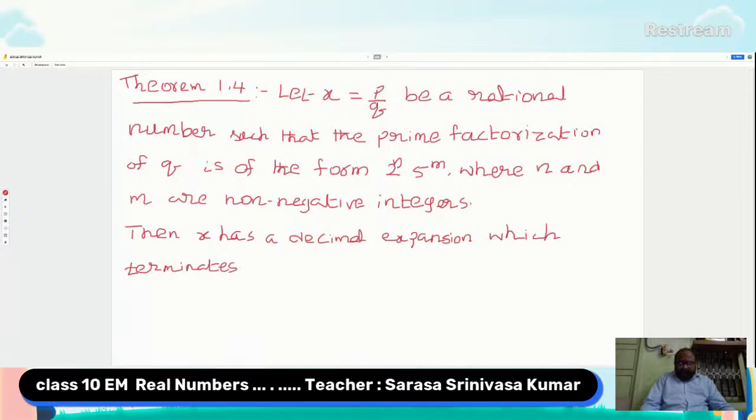Then such rational numbers can be expressed in decimal expansion form, that is, as terminating decimal numbers.